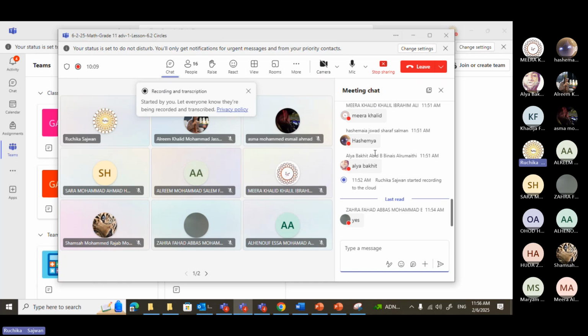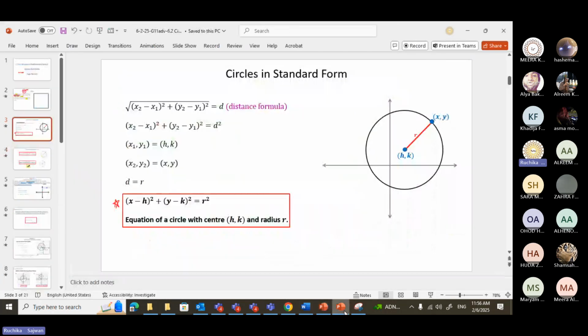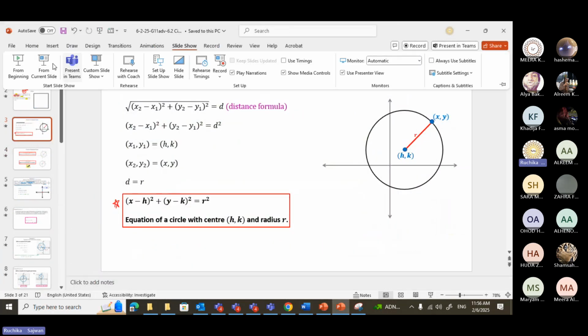Yeah, so who's taking the screenshots? Zara, Asma, Al Hanoof, 2-3 girls can take it for the important things in the presentation that I'm giving you, like this formula. Okay.